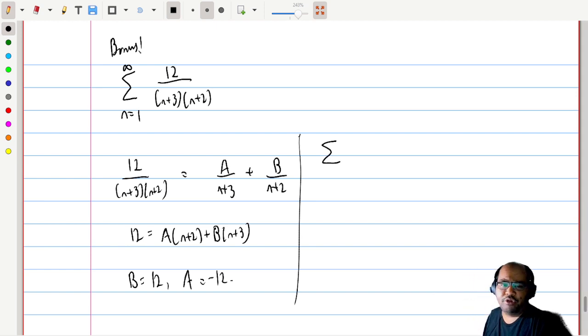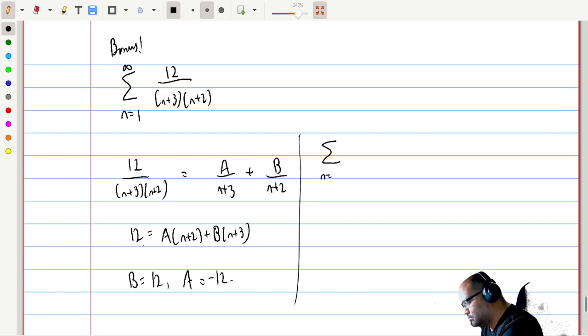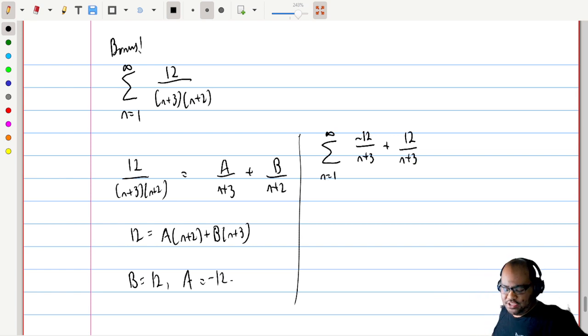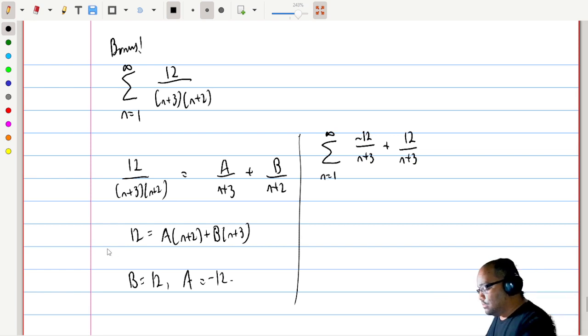If you know how to program, definitely write this as a for loop, and you'll see that the sum converges, probably slowly, but it will converge. Now we're going to do the same thing.